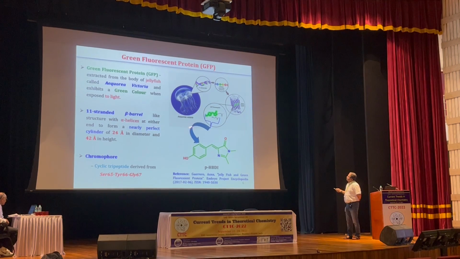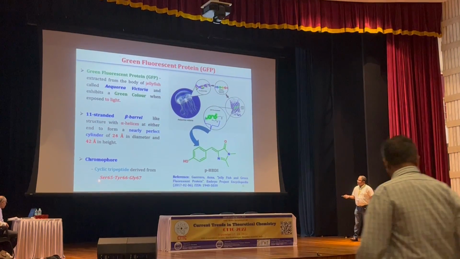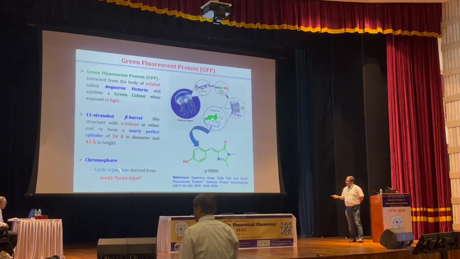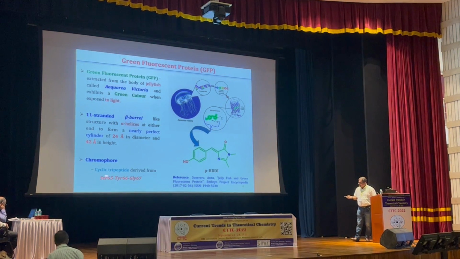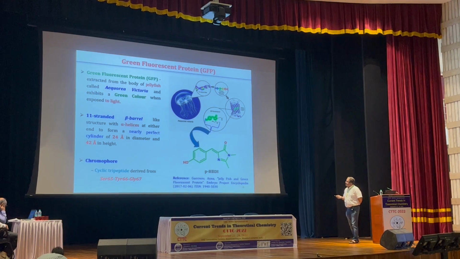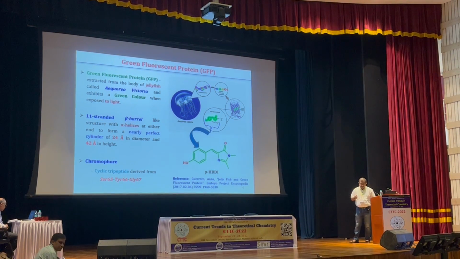The part of the amino acid sequence that gives it this color is basically this three-residue sequence: serine, tyrosine, and glycine. And you can see the structure that I was talking about.